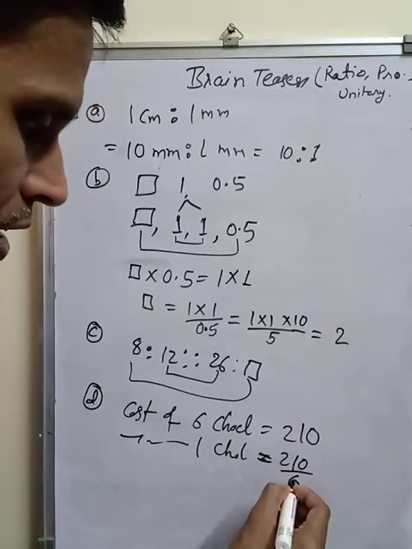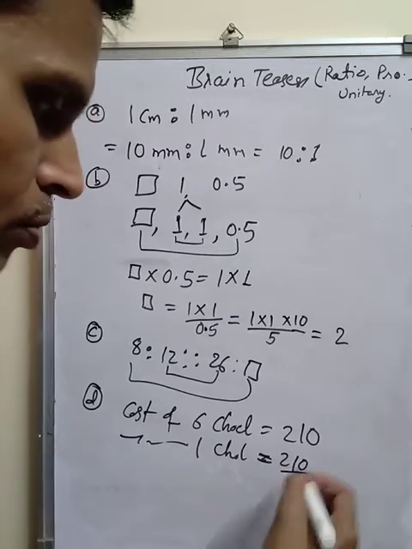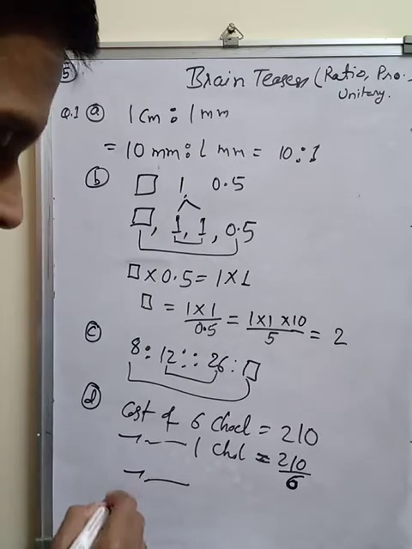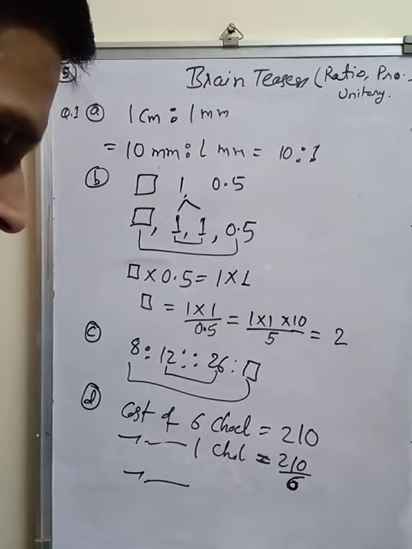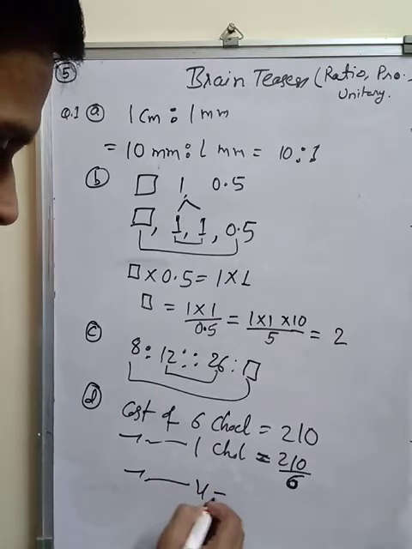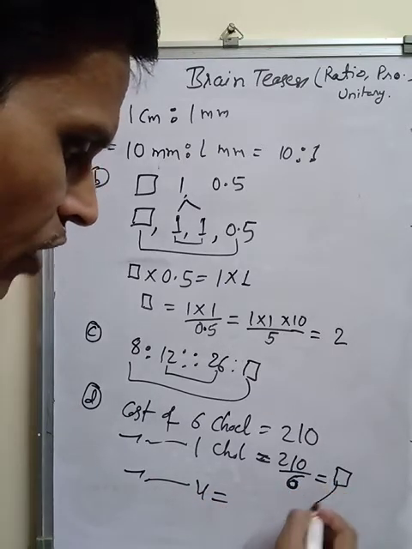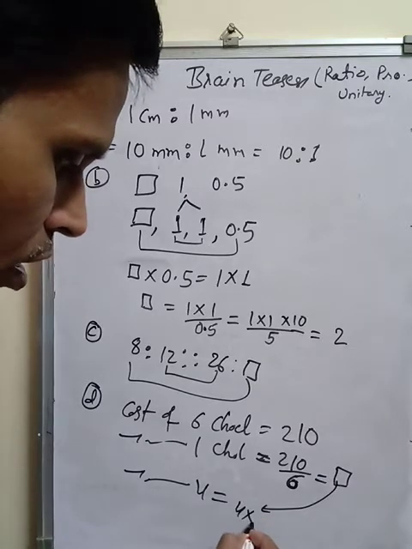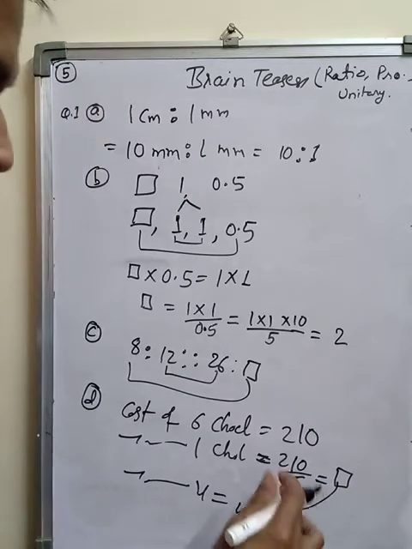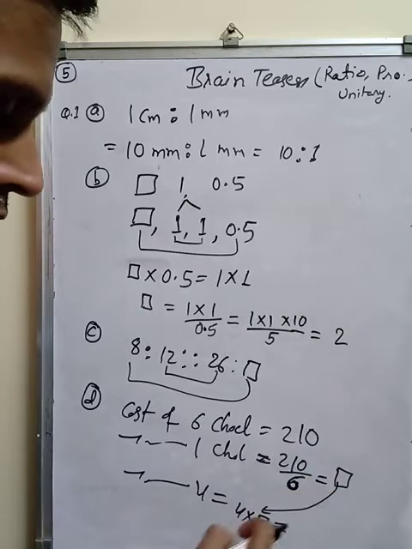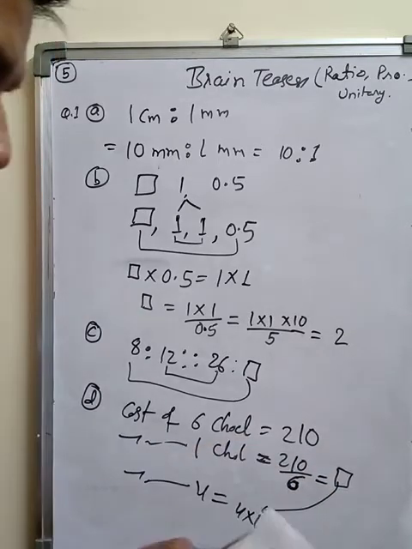If possible then cancel, and if not possible then leave. And then cost of 4 chocolates: the answer after cancellation will be multiplied by this 4, because we have already discussed this.